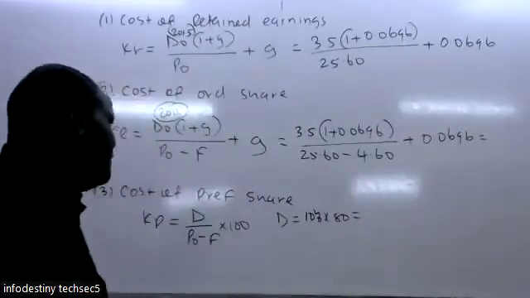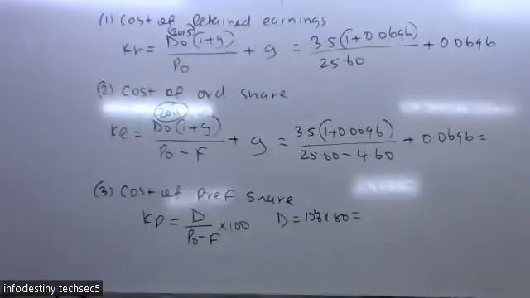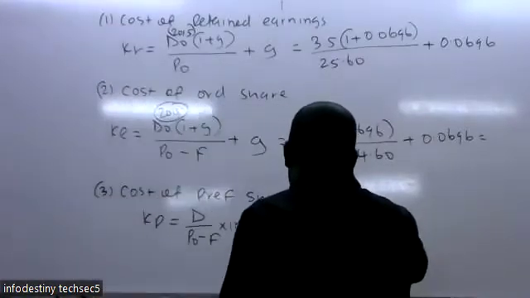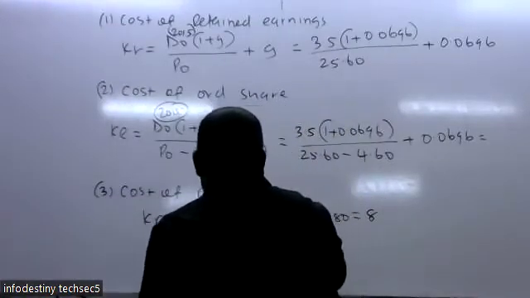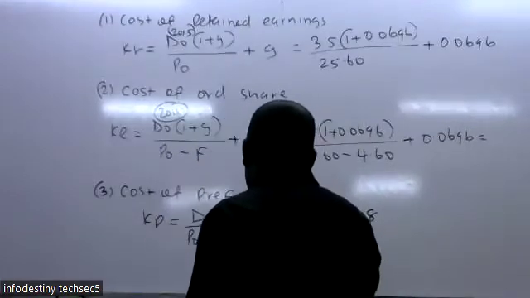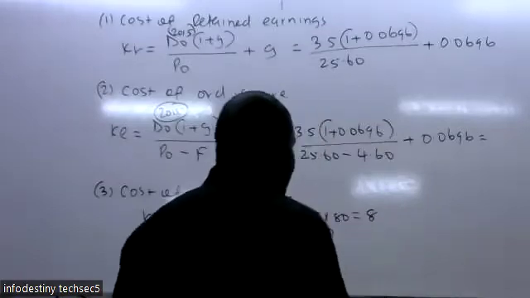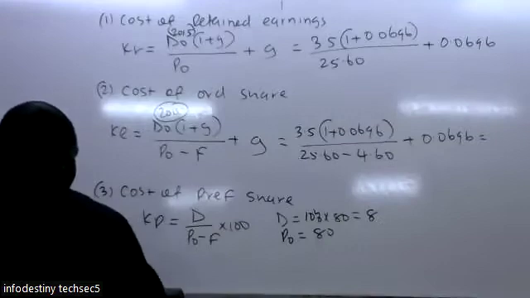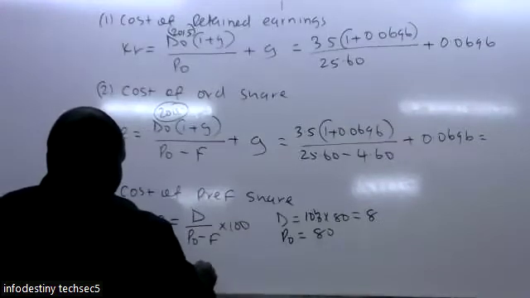What should be 10% of 80? That is 8. But they have said that it was issued at par. You see that note? So that means the par value is also how much? 80. So when you will be computing, the figure will just remain 10% because it had no flotation cost.